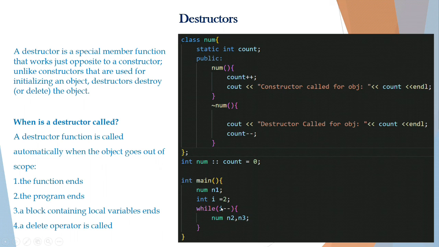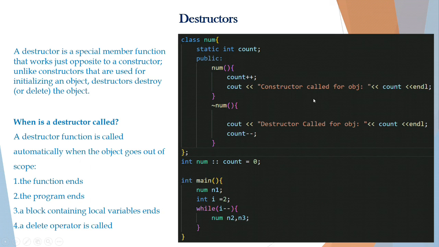When the loop starts again, for n3 the constructor is called again, and when the loop terminates, the destructor will be called. After completing the whole program, the destructor will again be called for the object n1. I hope you understand this. If you don't, you can copy this code and run it on your compiler, and after seeing the output you can understand how a destructor actually works. So that is about destructor.